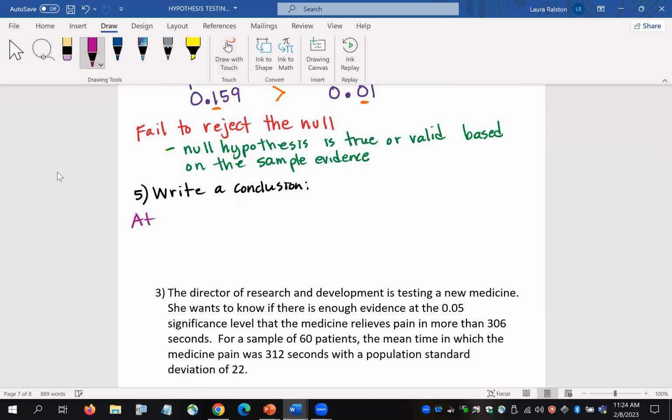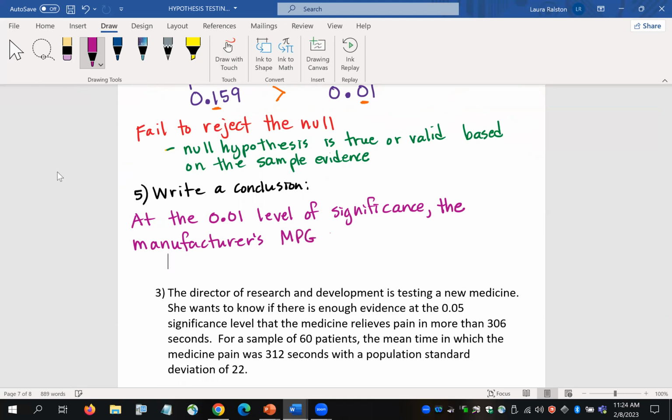I would say at the 0.01 level of significance, the manufacturer's mile per gallon rating is, or you could say equals, correct at 45.6 miles per gallon.